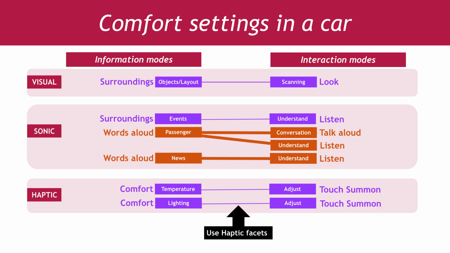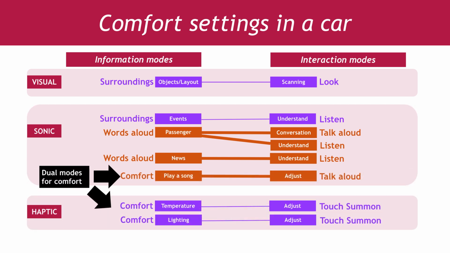So maybe a voice UI would be the best way to say, hey, play this song. So the point there is to say maybe one mode isn't the right thing for all of our comfort settings across a car. Maybe putting everything in that one panel or everything in voice UI may not be the right way to harmonize across the activity.